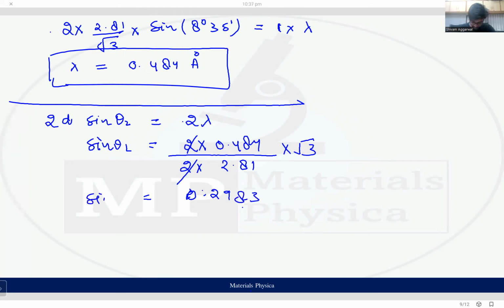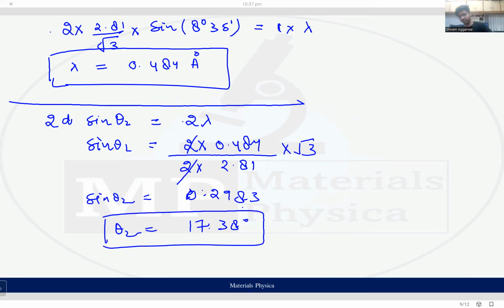This is the value of sin theta 2, and theta 2 is equal to sin inverse 0.2983, and that would be 17.38 degree.